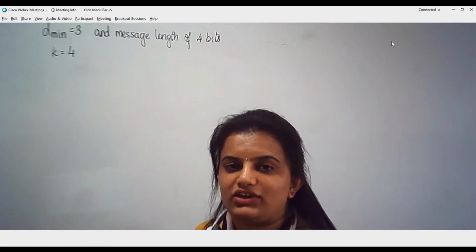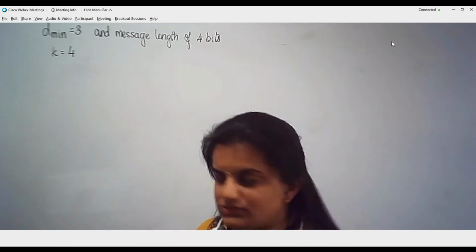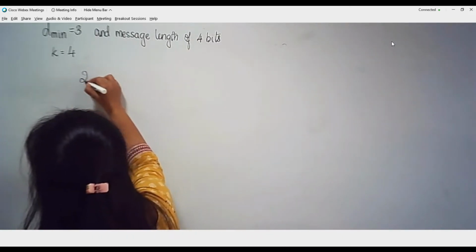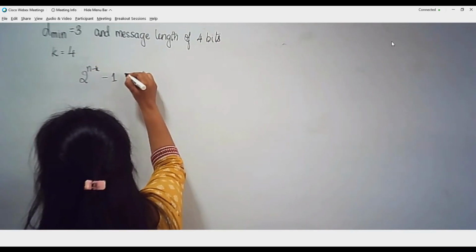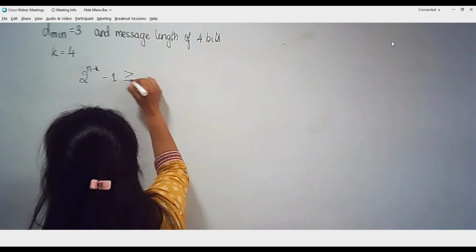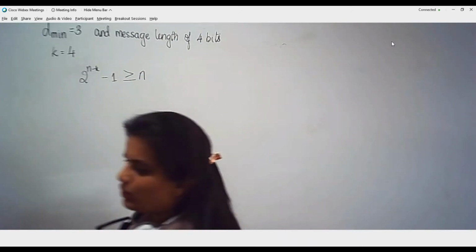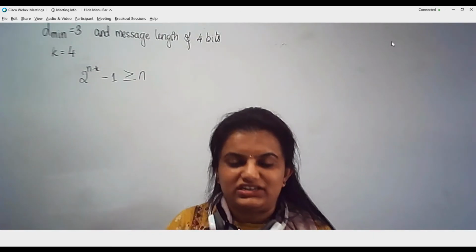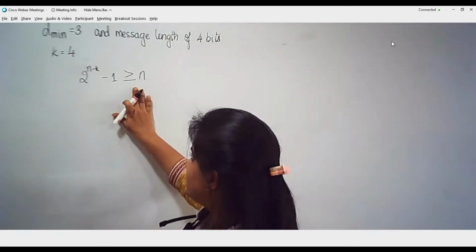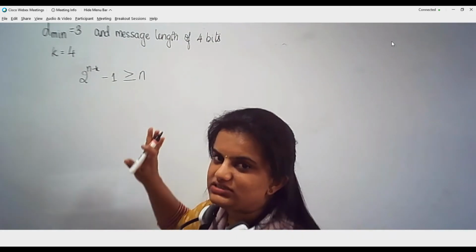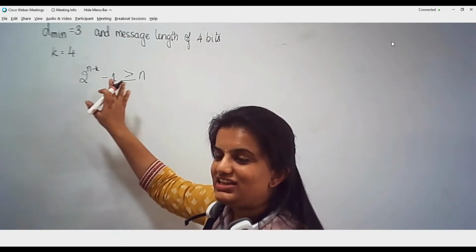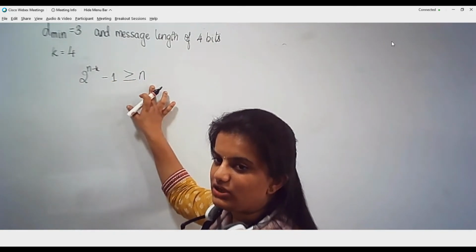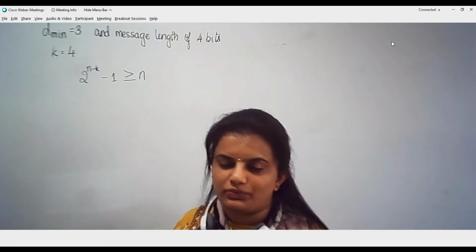Now we are going to make use of the inequality that we just now stated, that the number of syndrome error combinations should always be greater than or equal to the number of bits in the code word vector. So we will start off with this, and please try to find the least possible n value such that it becomes a perfect code.